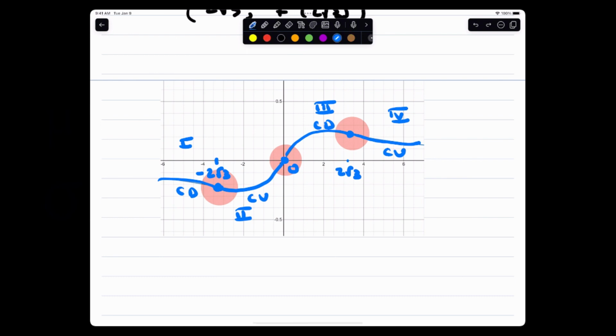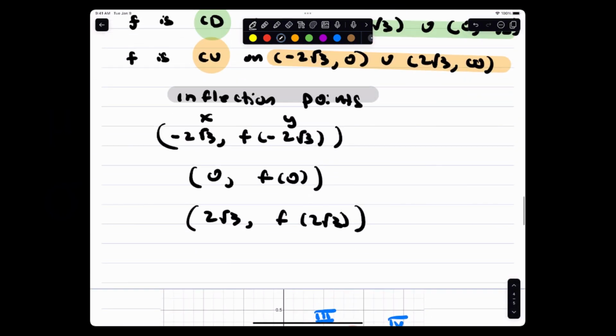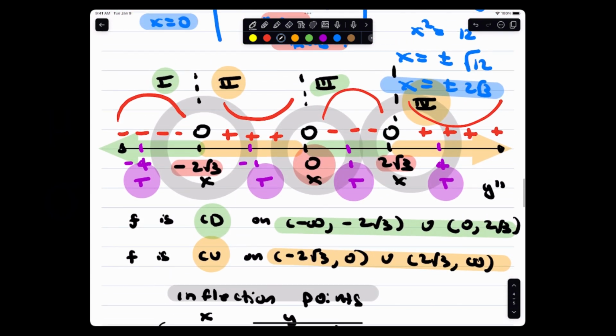The locations on the curve where you change your what? Concavity, inflection point. Okay, just want to share that picture with you guys.